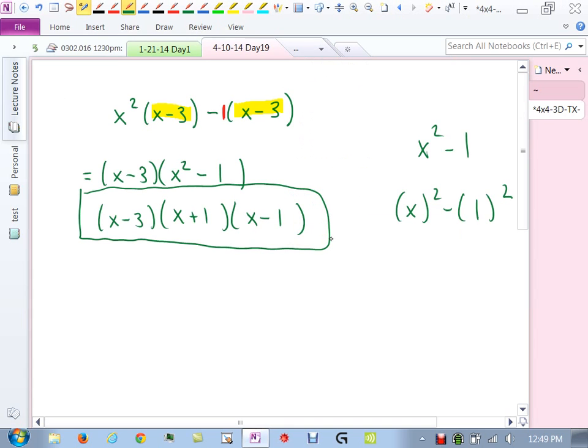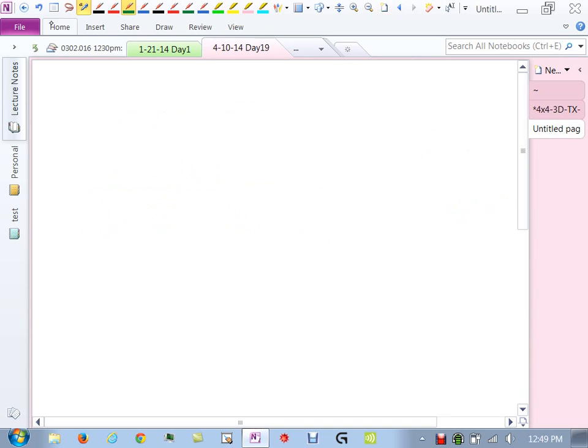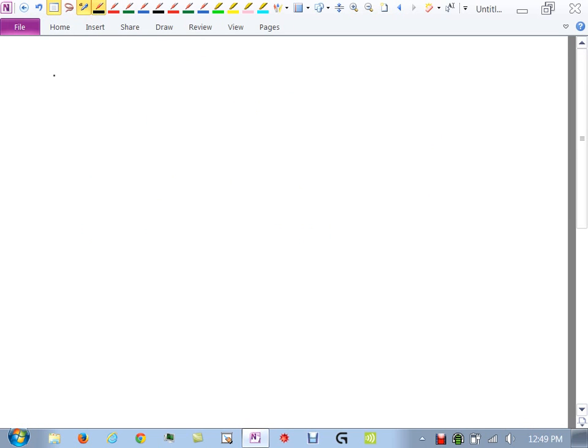I'd like for us to look at this. What if we have x plus 2 times 4x minus 1 equals 0? And the instructions here are to solve.